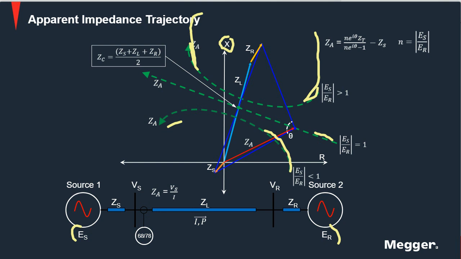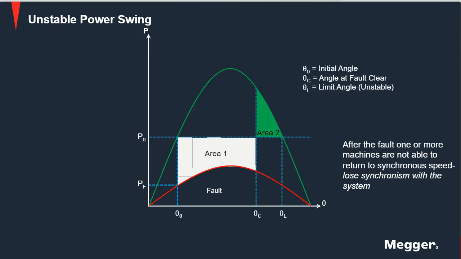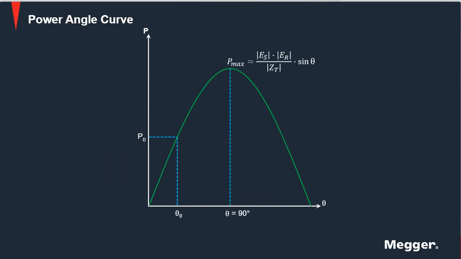So you can see that when a power swing is happening, remember that in a power swing, one of the things that happens is that the angle of the machine is moving away. And remember that this angle is simply the angle between these two voltages.